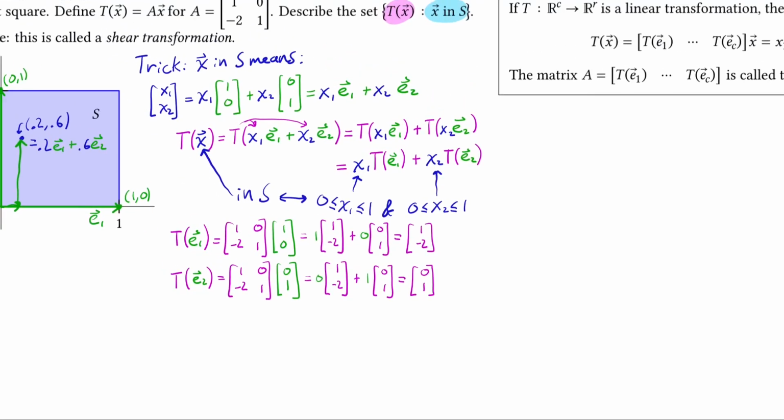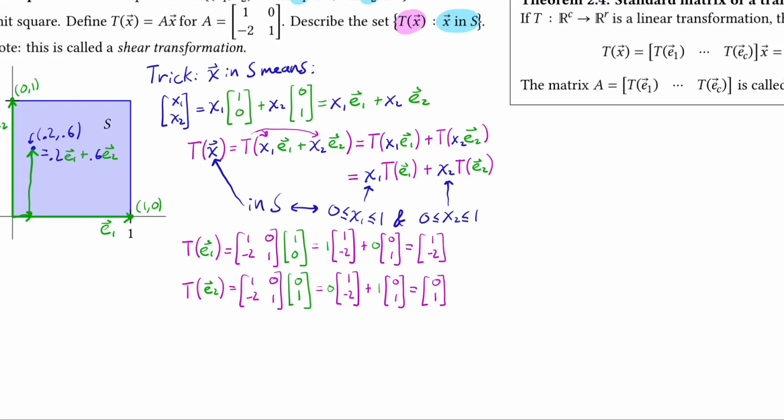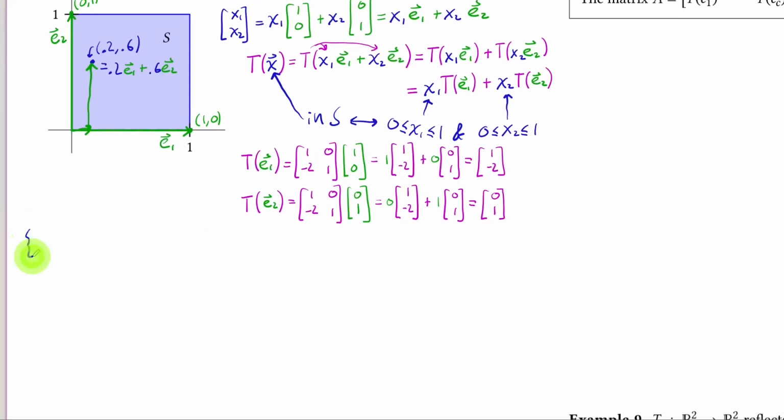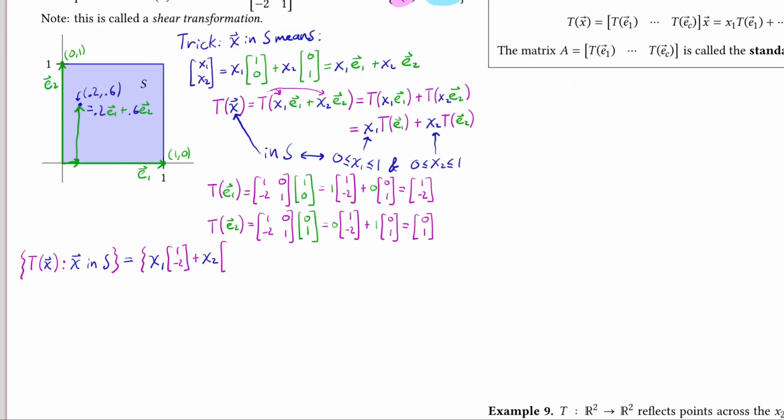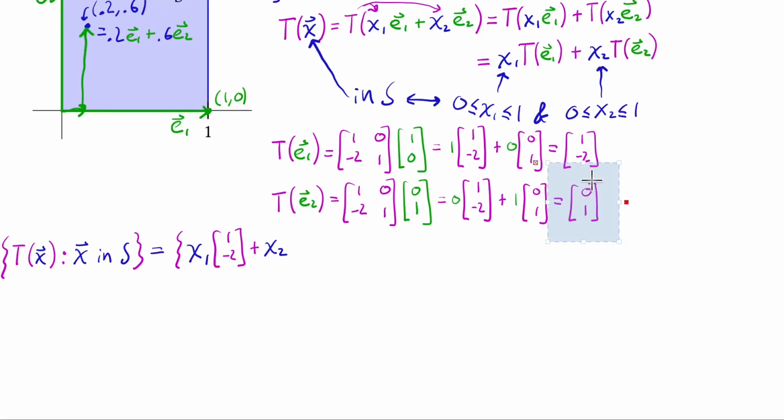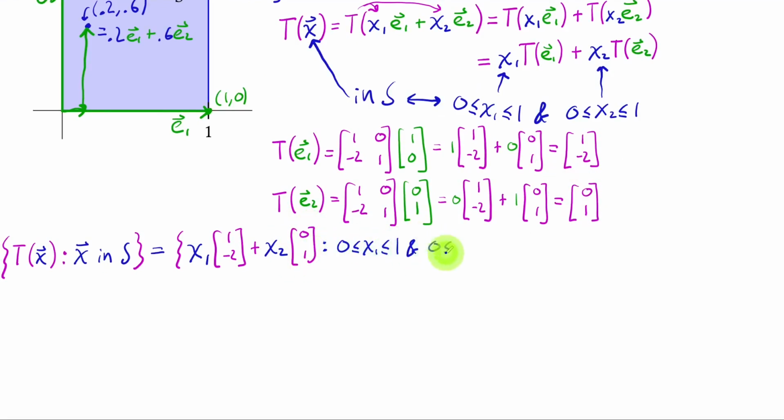Okay, so to put this all together, what we're talking about when we talk about this set is the set of these linear combinations, but replacing the T of e1 with the result 1, negative 2, and T of e2 here with its result 0, 1, we get the following description.